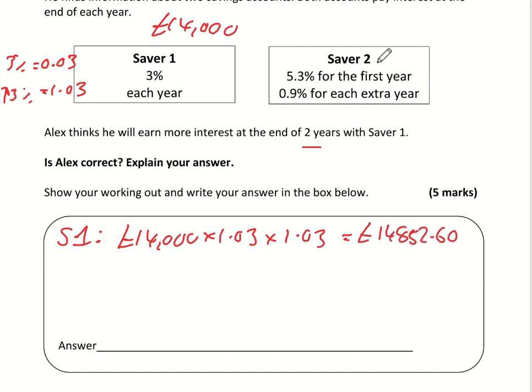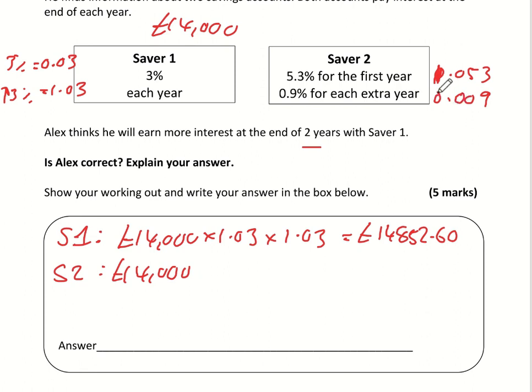£14,852.60. Now Saver 2, similar calculations, so it's going to be 14,000. The multiplier for 5.3% is 0.053. If it's single figures and has a decimal, it's easy to get them wrong, so just divide them by 100. But we want to increase, so it's going to be 1.053, and 0.9 is 0.009, not 0.09.